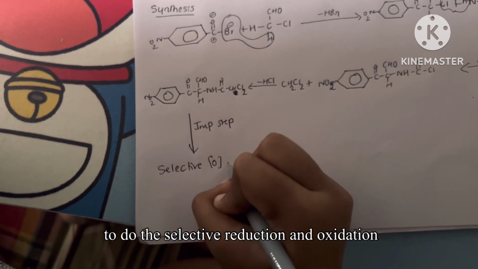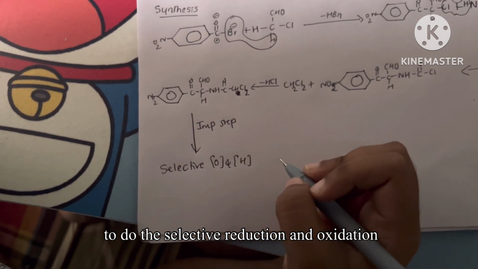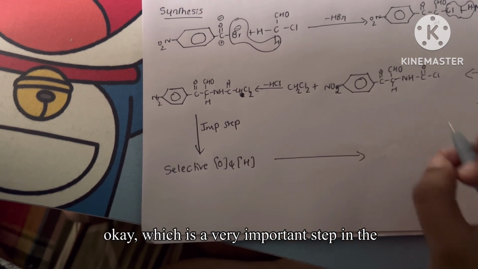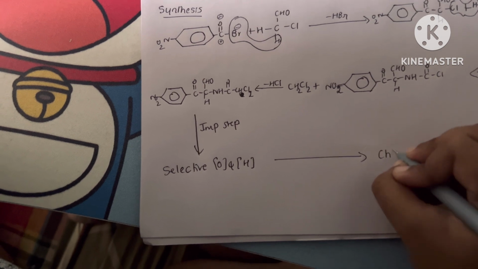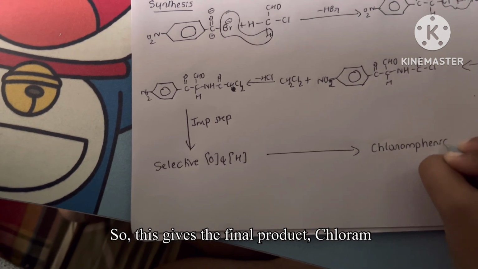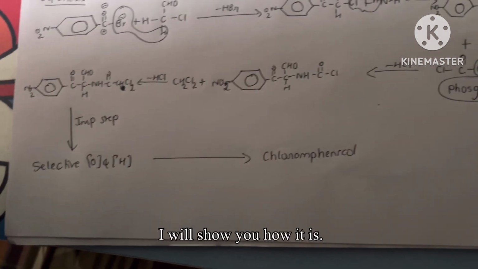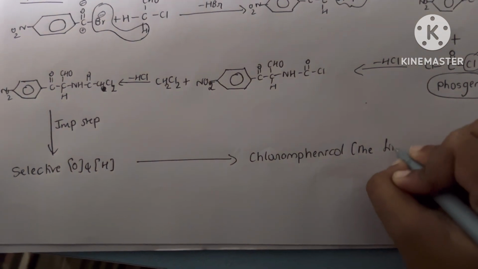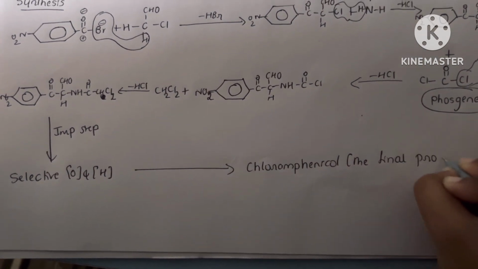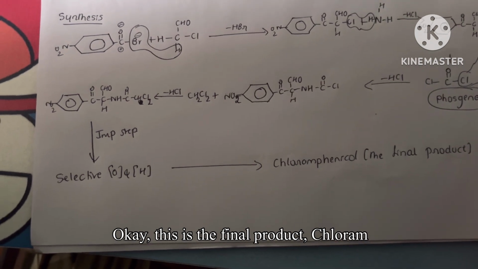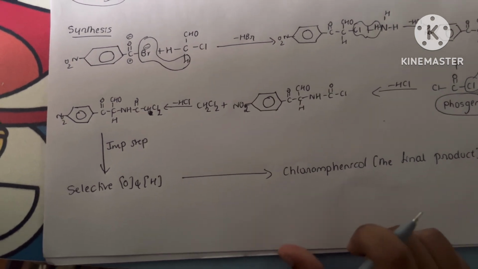So next comes the very important step, we have to do the selective reduction and oxidation, which is a very important step in the chloramphenicol synthesis. So this gives the final product chloramphenicol. I will show you how it is. Okay, this is the final product, chloramphenicol.